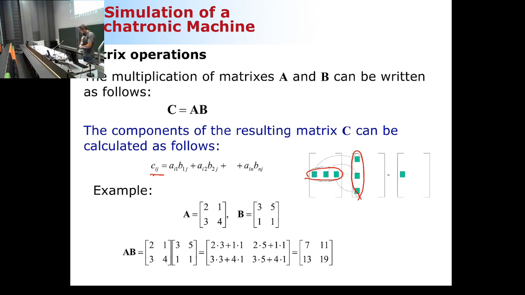Example is here. So here are two 2 by 2 matrices. The first one is A and the second one is B, and I'm multiplying them together. So let's look at an example. For the first component, I take the first row and the corresponding first column. So I have 2 multiplied by 3, plus 1 multiplied by 1. It gives me 7.